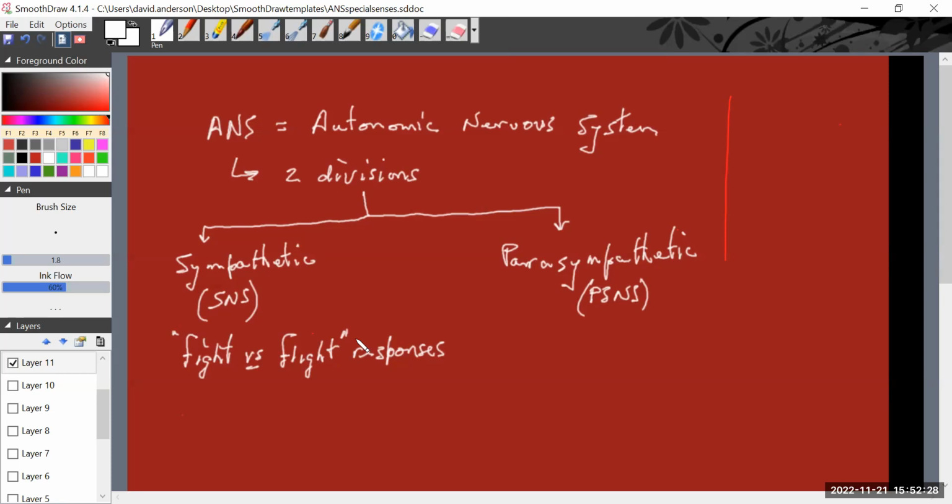And the parasympathetic, which is not truly always going to be opposite, but often is opposite, we can sort of summarize its functions with another little saying: rest and digest. When we're in those kinds of modes, resting or digesting, the parasympathetic division is likely going to be dominant. They don't turn on and off. One doesn't completely turn on or off.